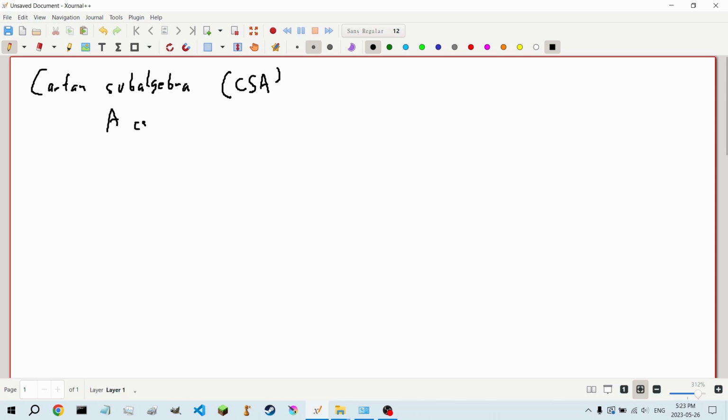A Cartan subalgebra of a Lie algebra L is a nilpotent subalgebra which equals its own normalizer in L.